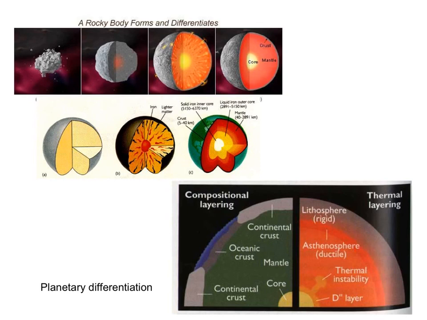The more that you have material coming in, the more it's going to heat up. So, the Earth is going to have heated up more in its past than Mars, because Earth is a larger planet. And you heat up this material enough, and it's going to melt. And when things melt, then they can differentiate.